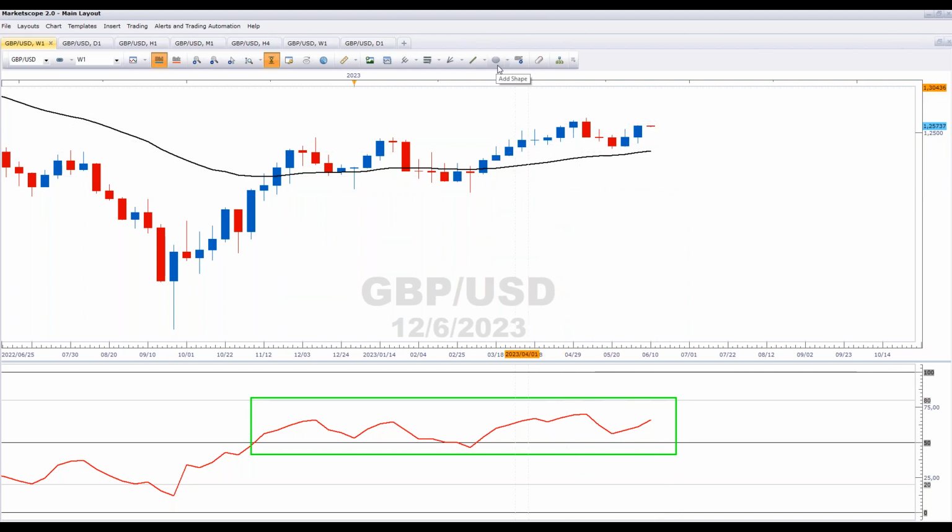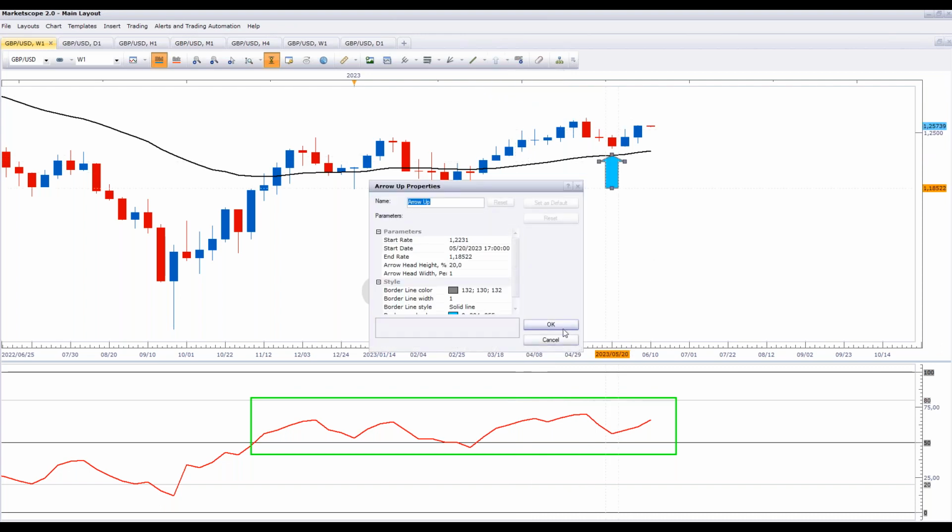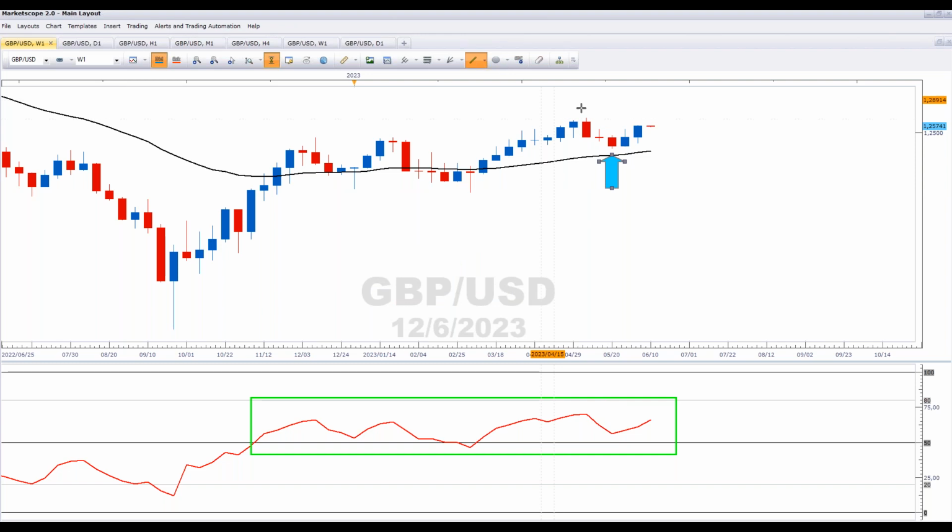I think we can put in a reference candle. There's the reference candle, and then last week was a four candle reference candle. So some nice bullishness coming through here on cable. Take a look at the cable's RSI. It's looking very good, between 50 and 80.